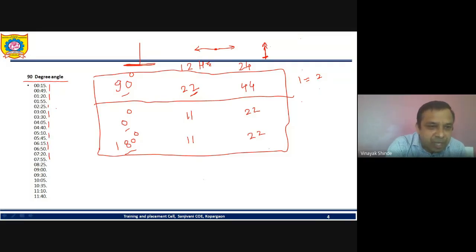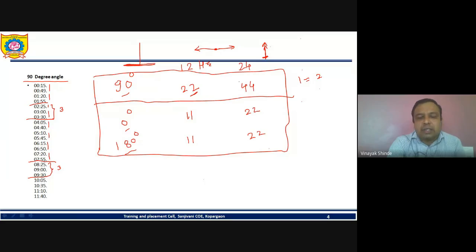But from 2 to 4, we have 3 times the 90 degree angle, and from 8 to 10 we have 3 times the 90 degree angle. Only 3 times the 90 degree angle is made in these slots, 2 to 4 and 8 to 10.